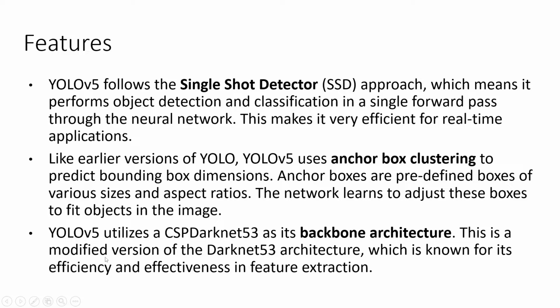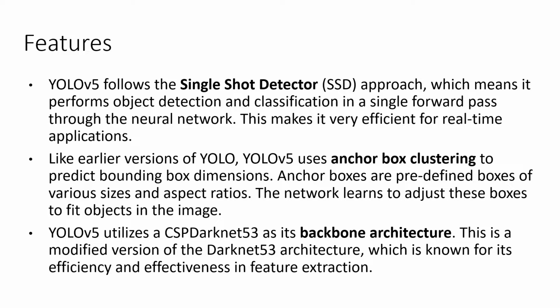This is a modified version of the darknet 53 architecture, which is known for its efficiency and effectiveness in feature extraction. So YOLO V5 itself is not a single architecture, it is a combination of two architectures. The backbone architecture is called CSP darknet 53, and then the head is called PANnet.